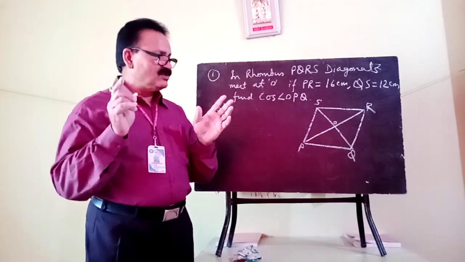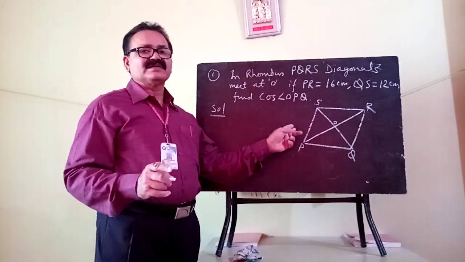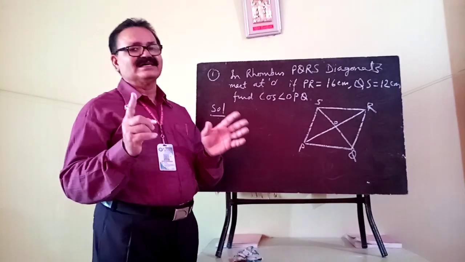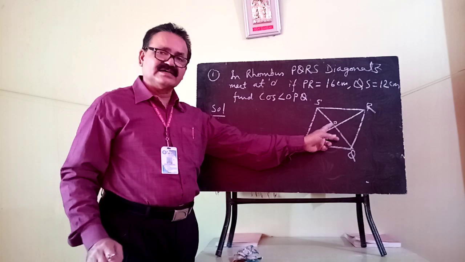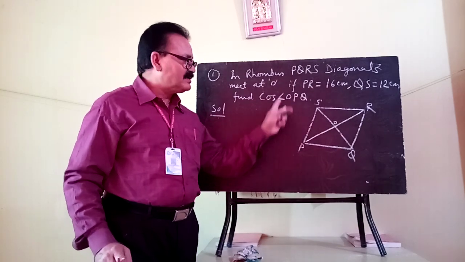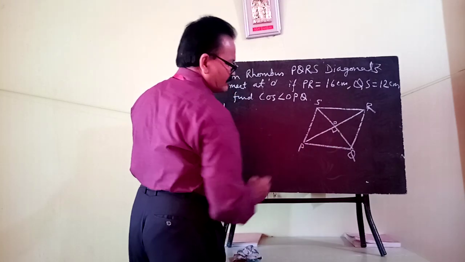And as per the law of geometry, you know the diagonals of a parallelogram bisect each other perpendicularly. So this angle is 90 degrees.